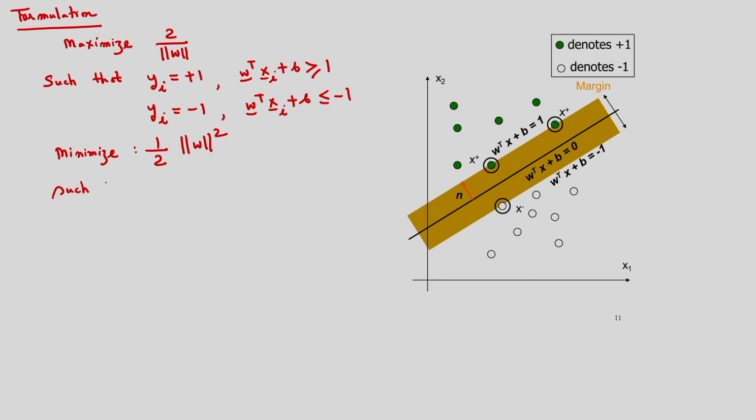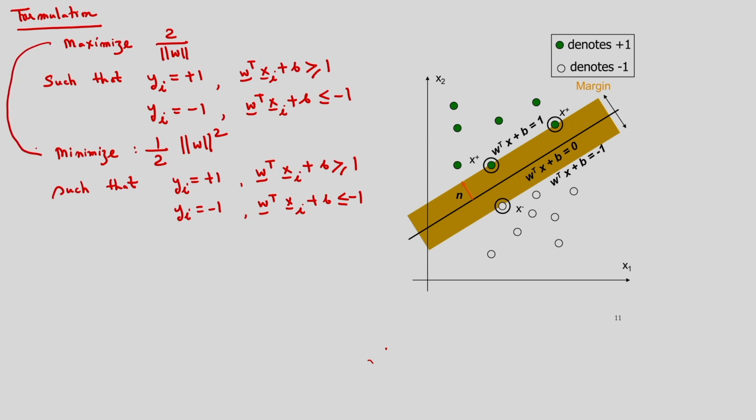So I can say such that yi is equal to plus 1, and the same condition we are considering, w transpose xi plus b greater than equal to 1, and yi is equal to minus 1 corresponding to w transpose xi plus b less than equal to minus 1. So from the maximization condition to the minimization condition I am obtaining like this. So instead of maximizing I am considering minimizing this one.